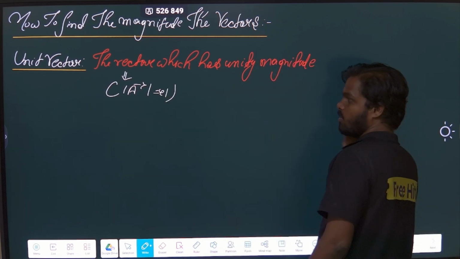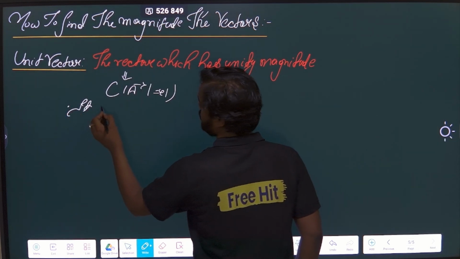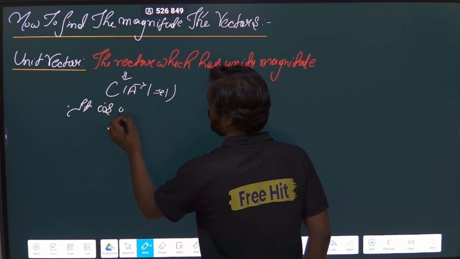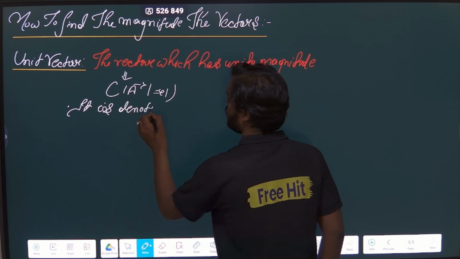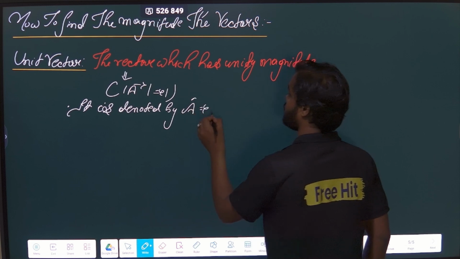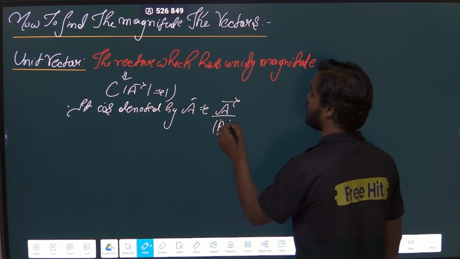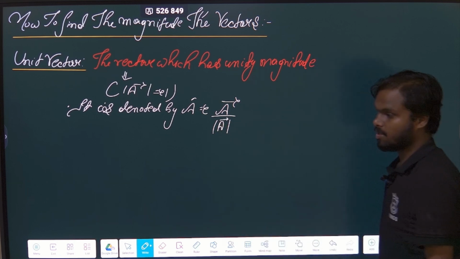Okay, how is it denoted? It is denoted by A cap, that is equal to A vector divided by the magnitude of A vector. That is called my unit vector.